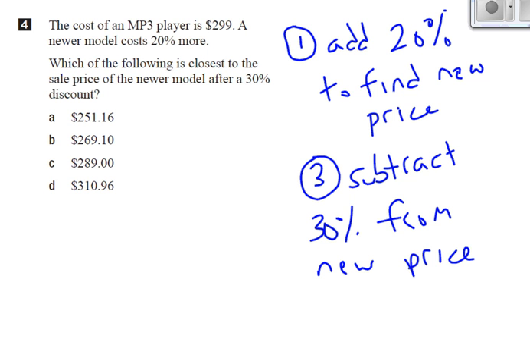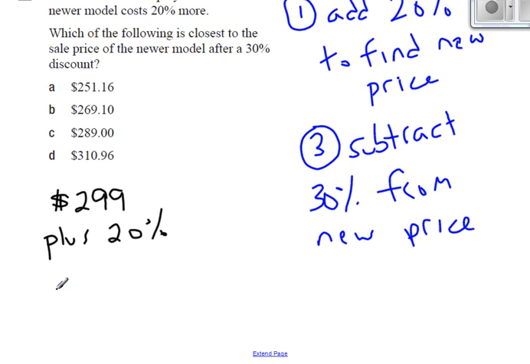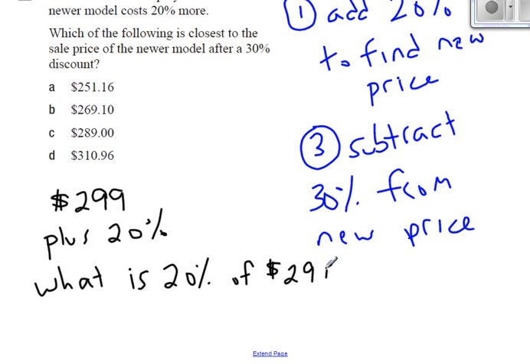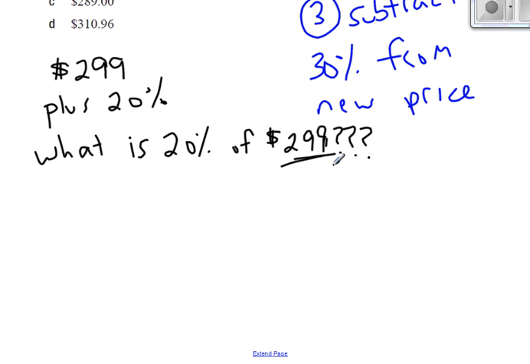First of all, we're going to take $299 and add 20% more. So first, we have to figure out what is 20% of $299. Now, you are absolutely allowed to pretend that this was $300.